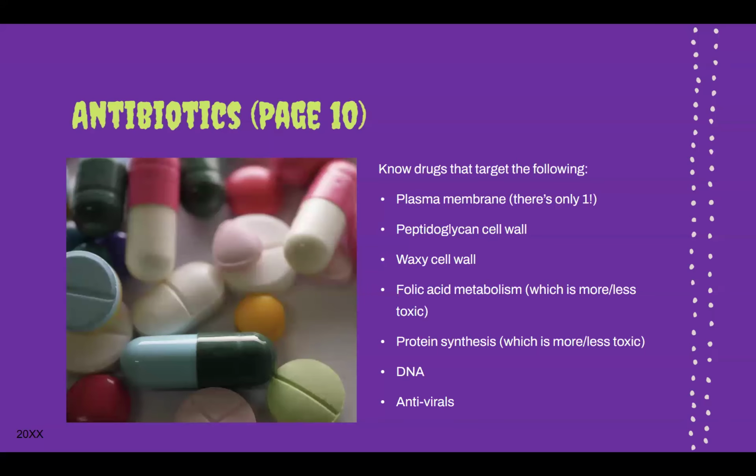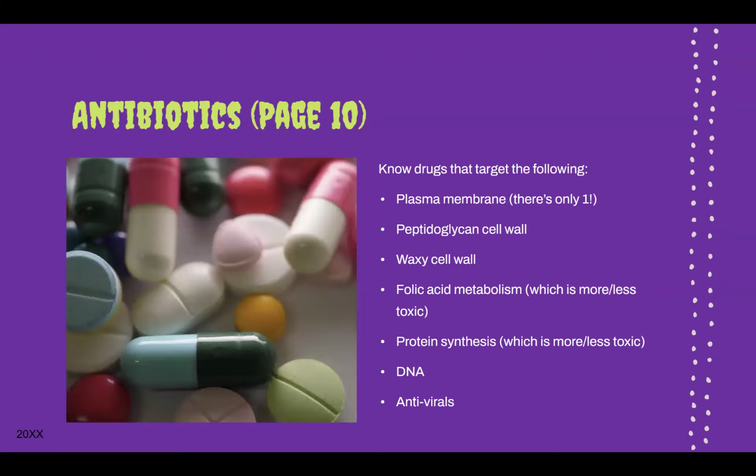Dr. Cotter mentioned making things like flashcards to say that this drug goes against the peptidoglycan cell wall, the waxy cell wall, plasma membrane, etc. For plasma membrane, this one is pretty easy because we only have one, and that's polymyxin B. So if you see anything that targets plasma membrane, that is gram-negative plasma membranes, and you want to use polymyxin B.